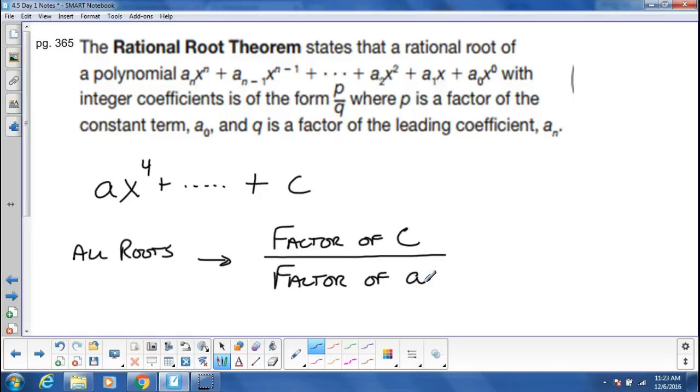Okay? So if we take that last problem that we just had, x to the 4th, excuse me, it was minus 7x, wasn't it?